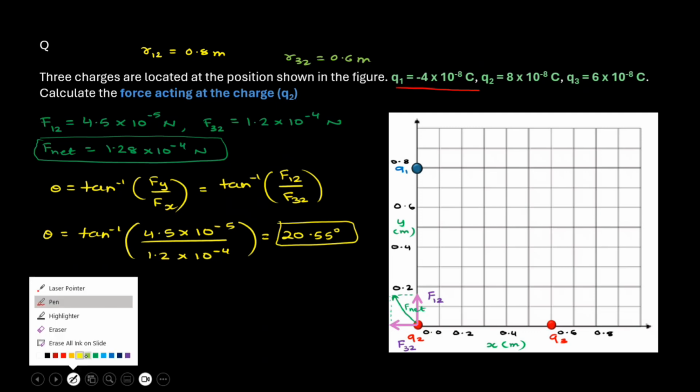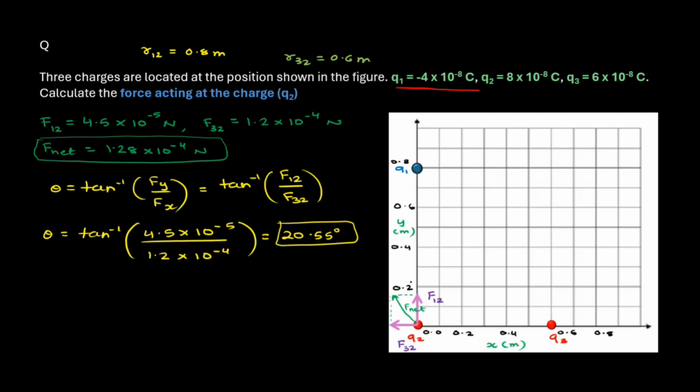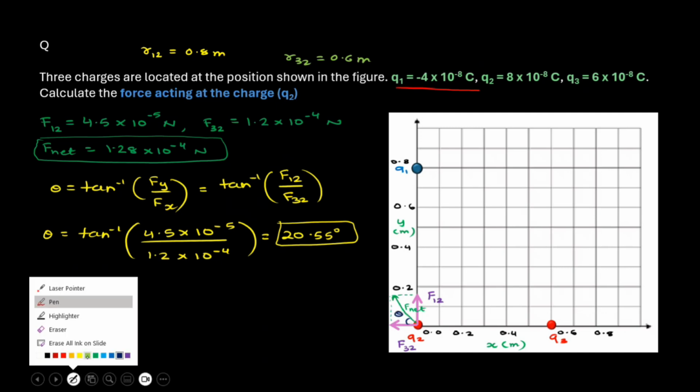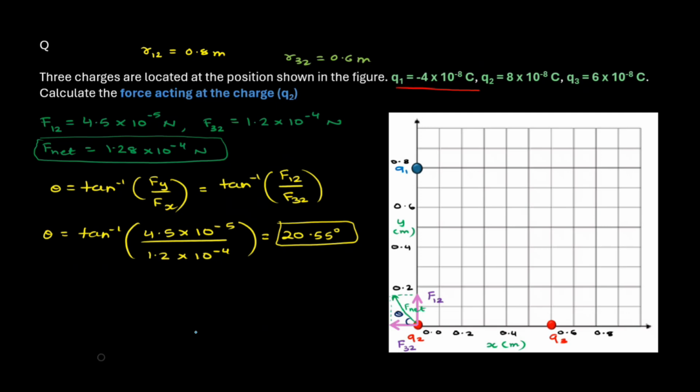Now this theta that we calculated here is the angle my resultant makes with the negative x-axis. But usually when we are finding the angle any vector makes, we have to find that angle from the positive x-axis. So we need this angle, which I will call theta final. By looking at the figure, I understand that we can find theta final by subtracting theta from 180.